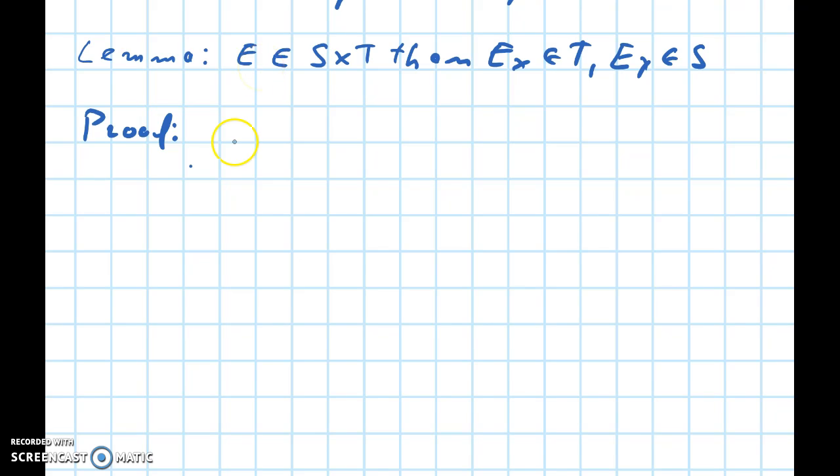So let's start. Let's call the family of sets such that the lemma is true omega.